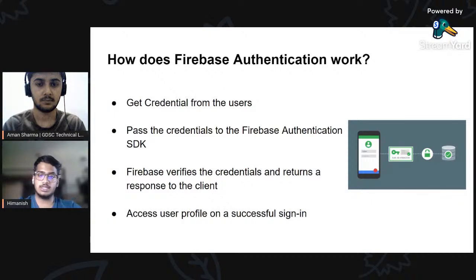Then the credentials are passed to the Firebase authentication SDK, and the Firebase backend servers will verify those credentials and return a response to the client. After a successful sign-in, you can access the user's basic profile information and control users' access to data stored in the Firebase product. You can also use the provided authentication token to verify identity in your own backend services.